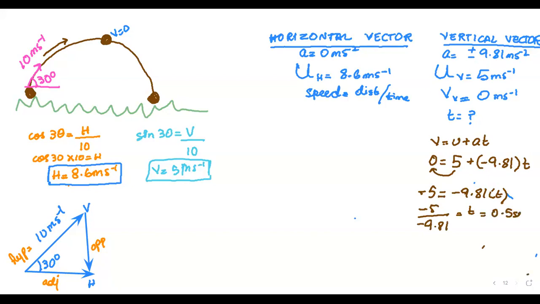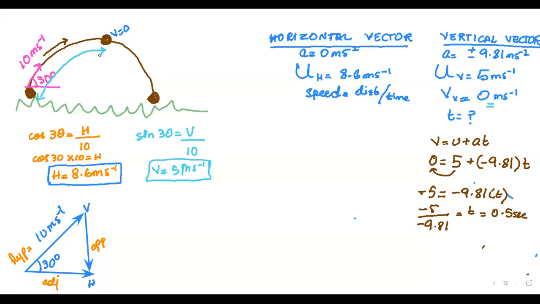Now, this time that you and I just calculated is the time for only half of the journey. We calculated the time to get to the top, right? We used the final velocity 0, which is at the top. So the time we have calculated is from the start to the very top.